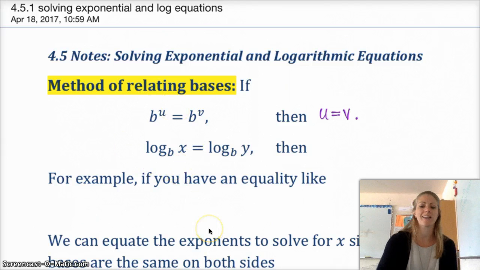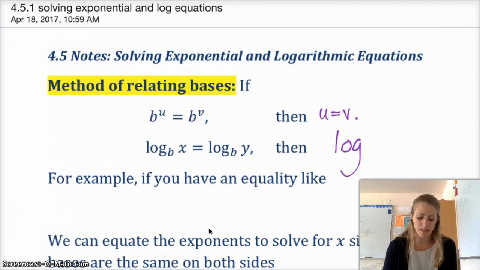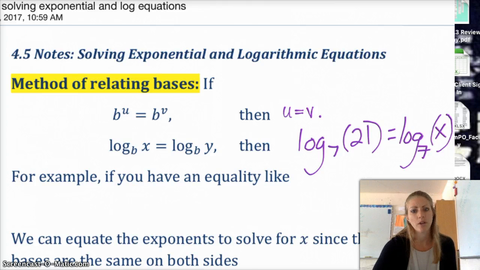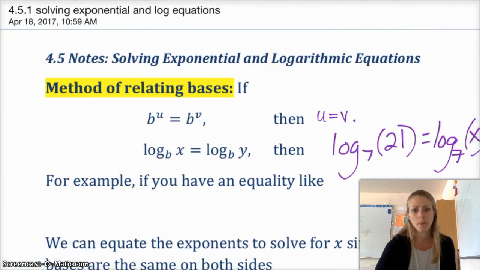It makes sense, right? If I have log base 7 of 21 equals log base 7 of x, it doesn't matter what base, then x has to equal 21. So x has to equal y.